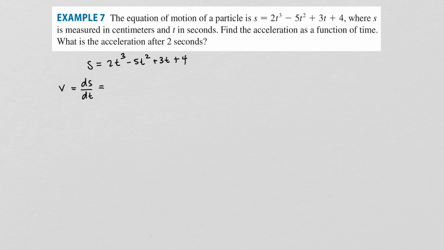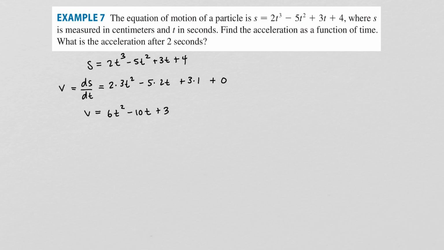And in this case, the derivative here is going to be 2 times 3t squared minus 5 times 2t plus 3 times 1, and the derivative of a constant, of course, is 0. And so our velocity function, which is the first derivative, is 6t squared minus 10t plus 3.